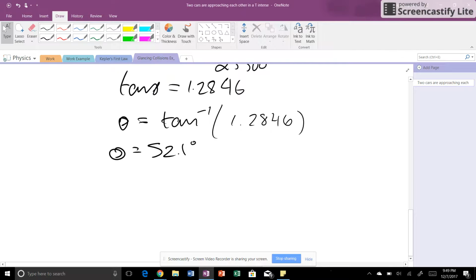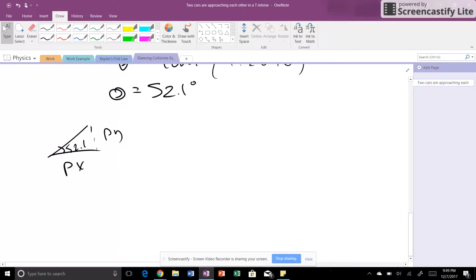And now we know the angle that they shot at, so that's good. So now all we need to do is find the velocities. Well, we know that Pi equals Pf, and the sum of all the momentum is going to equal m1v1 plus m2v2.